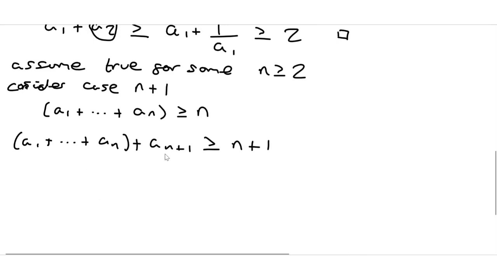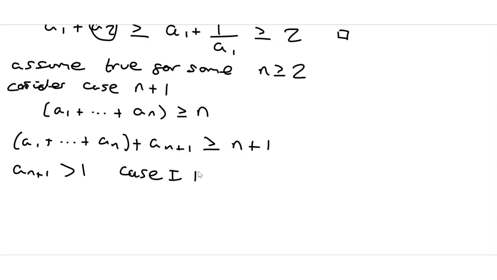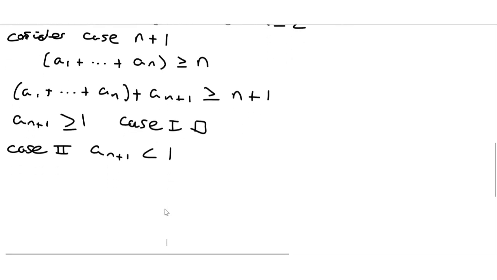And this result here is obviously true if an plus 1 is greater than 1, so we're going to consider that as case 1, and that should be an plus 1 greater than or equal to 1. And now all that's left to do is consider case 2, so that's to show that this is true even when an plus 1 is less than 1. This is slightly more complicated but not too bad.